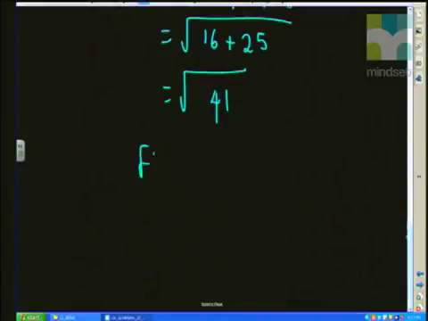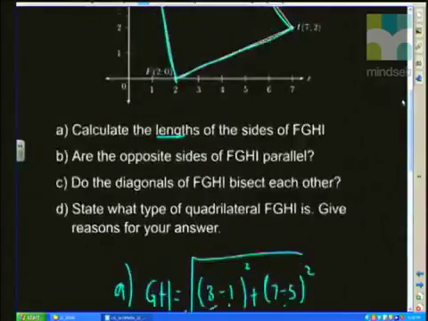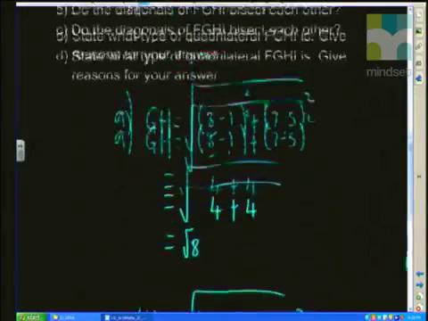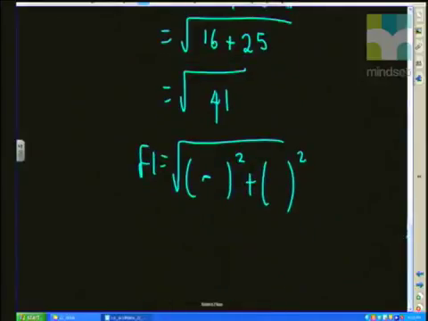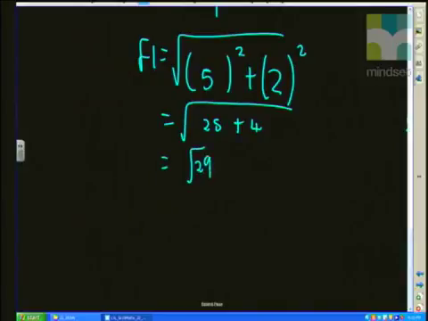All right. So we've got HI, we've got GH, let's move on to FI. Again, just a straightforward substitution into your distance formula. It's going to be 7 minus 2 squared plus 2 minus 0 squared, so 5 squared plus 2 squared, and that's going to give me the root of 25 plus 4, so the root of 29.